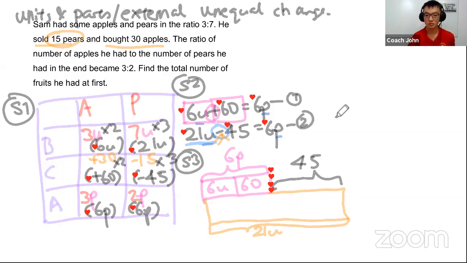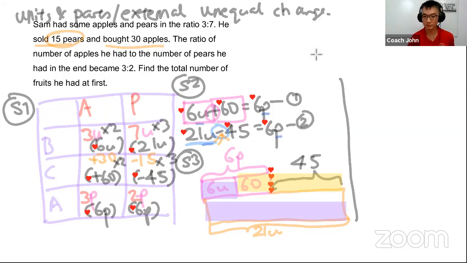Okay. So with this, let me continue to solve. Can you see that? This is like a more than. Then the orange part is actually 60 plus 45.